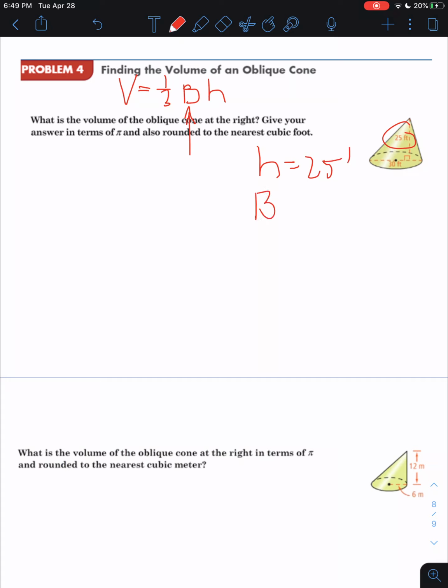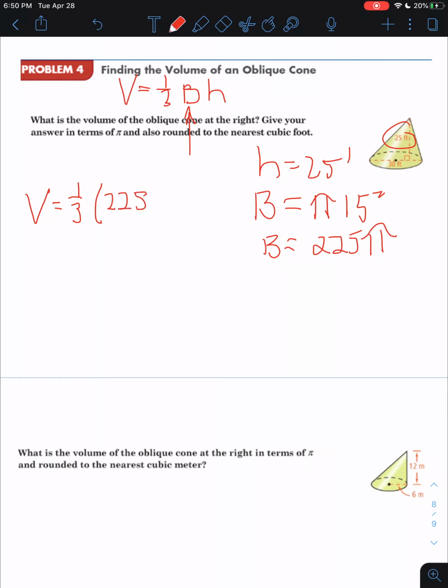Okay, base equals pi r squared. R, if d is 30, then r would be 15. So pi times 15 squared, or 225 pi. That'll be my base. Okay, so that means that the volume is 1/3 times base 225 pi times h is 25.